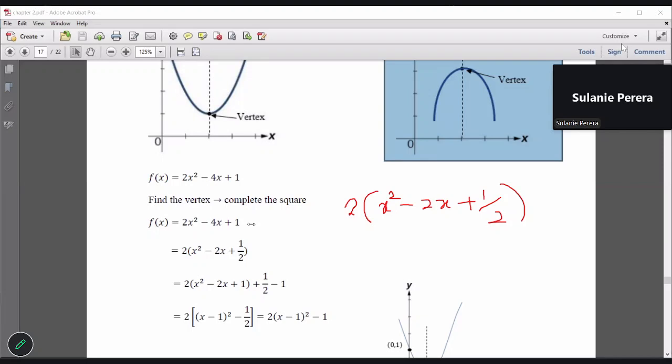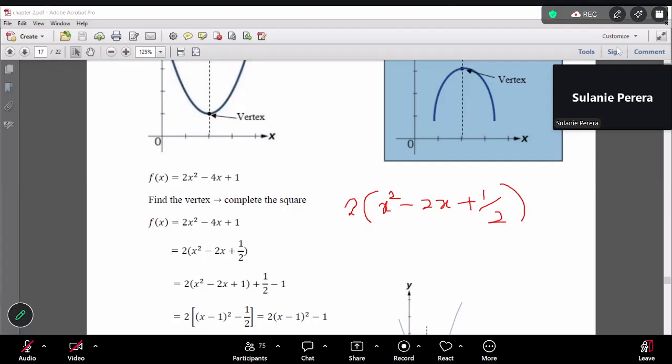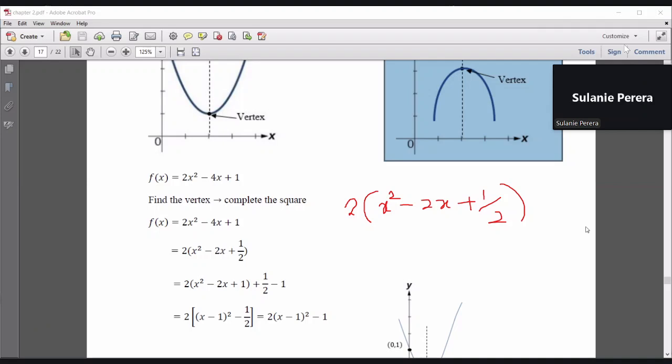25, 600, 1C. Can you answer me? Take the half of the minus 2x. Yes, very good. So what do we do? Repeat it. Take the half of minus 2x.